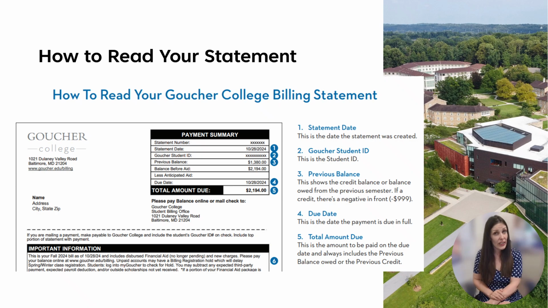There is a note here that if you see a negative dash in front of the number, that means that your previous balance is a credit on your account. Number 4 is the due date. That is the date that the payment is due in full. And number 5 is the total amount due. I do want to note that whether you have a previous balance that is a credit or a true balance, that amount is calculated in the total due.